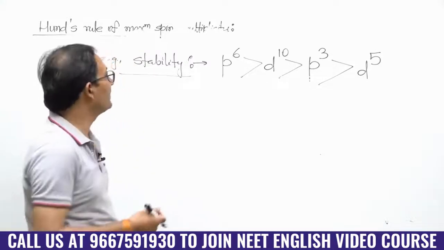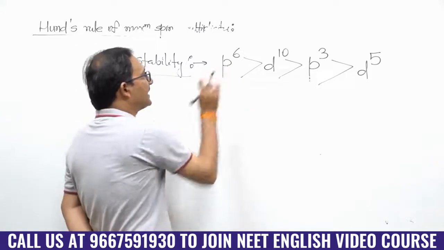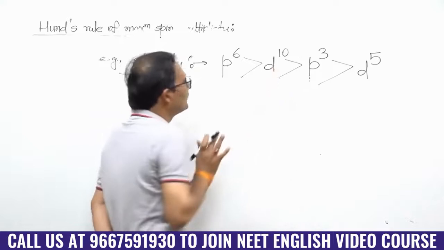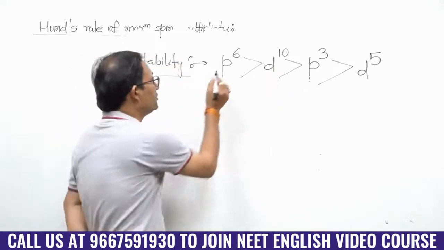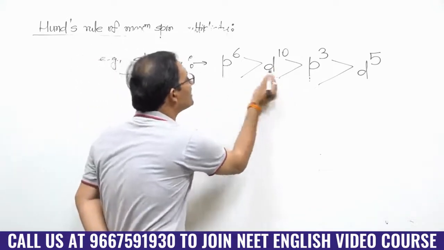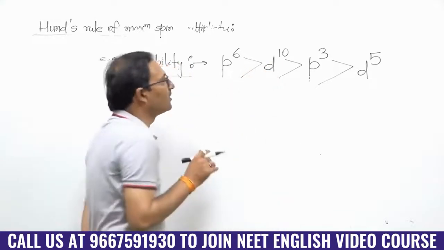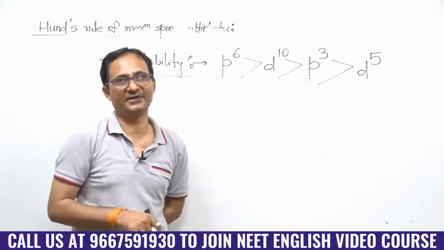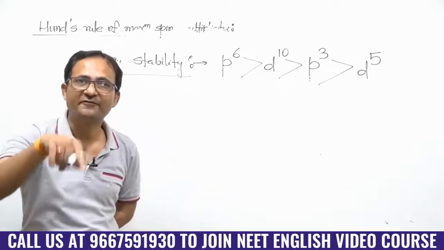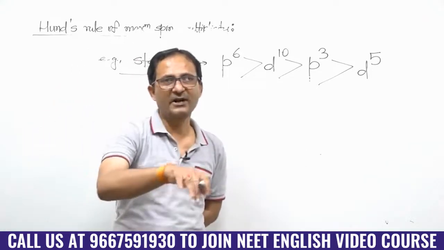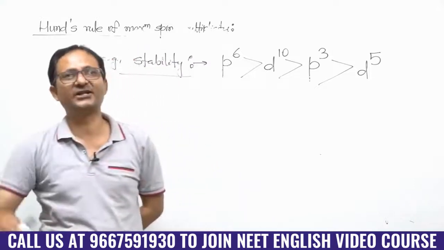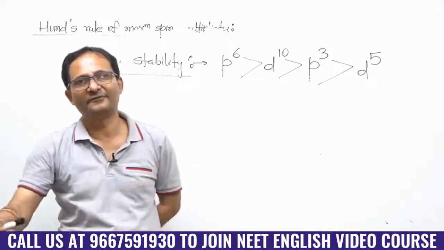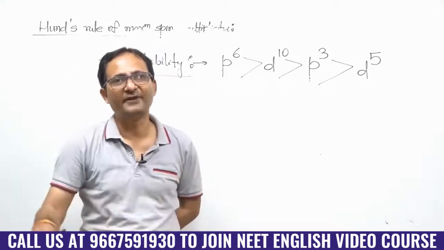You can conclude here, P6 is fully filled and D10 is fully filled. That is, these are two different subshells, but their condition is the same. Condition is the same means either they are both fully filled or both half filled.